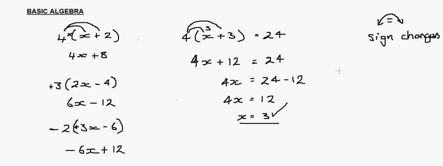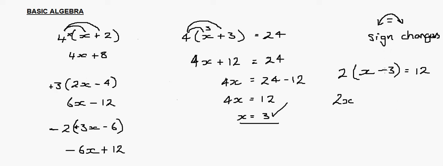Okay. So let's try another one. So let's say we have 2 bracket x minus 3 equals 12. So I expand the brackets. So 2 times x is 2x.